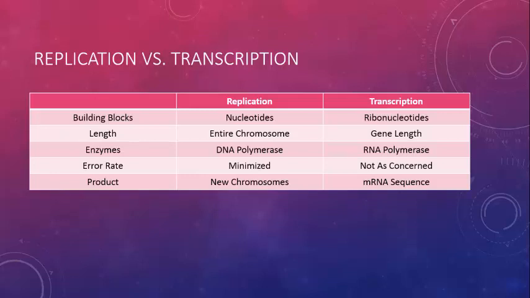This may explain why the two different processes occur. The goal of transcription is to generate a lot of product quickly, with errors being acceptable, while the goal of replication is to copy the chromosome with as little errors as possible.